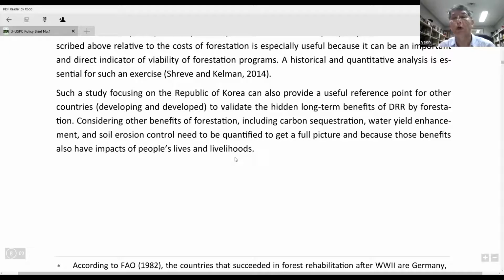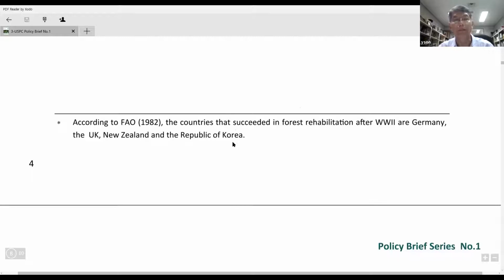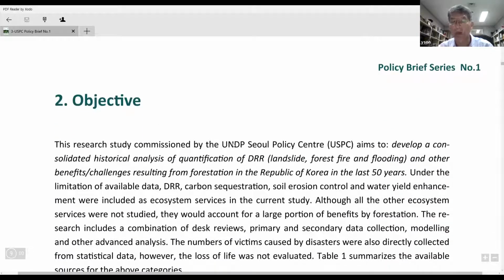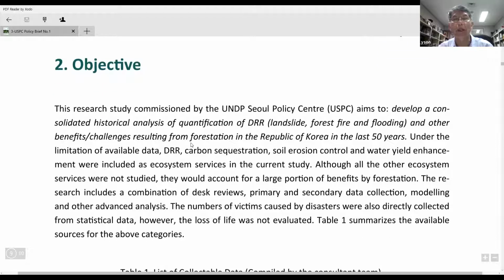Again, water yield enhancement is very, very important in dry areas for people's lives and livelihood. Then these benefits will be increasing after reforestation. So the objective: we did an economic feasibility analysis for DRR and other ecosystem services.